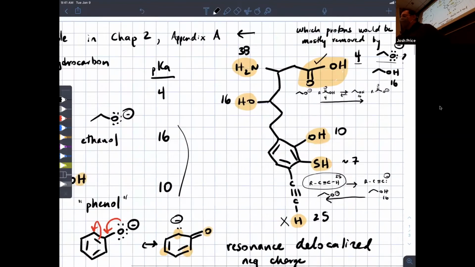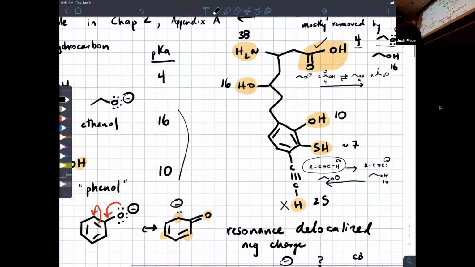All right, so what we're seeing as a pattern here, and this is something I will write down and then say again a couple of times, is that a base can remove a proton if the pKa for that proton is less than the pKa of the base's conjugate acid. Now it sounds like we're talking about somebody's third cousin twice removed at this point.